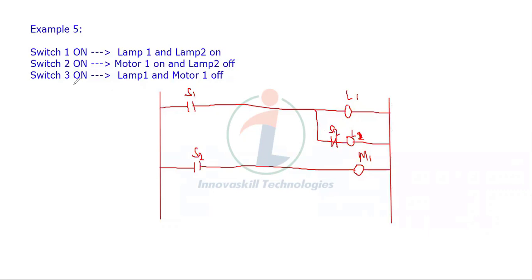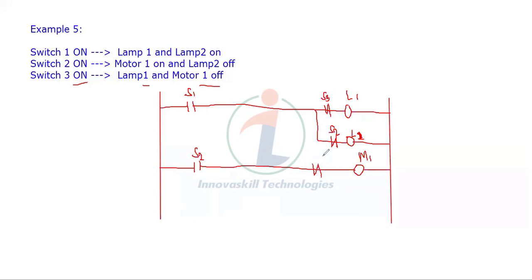Now the next condition: switch 3 on, lamp 1 as well as motor 1 should be off. I don't have any separate output for S3, so no need of connecting S3 separately. Directly use S3 before L1 here as well as here.